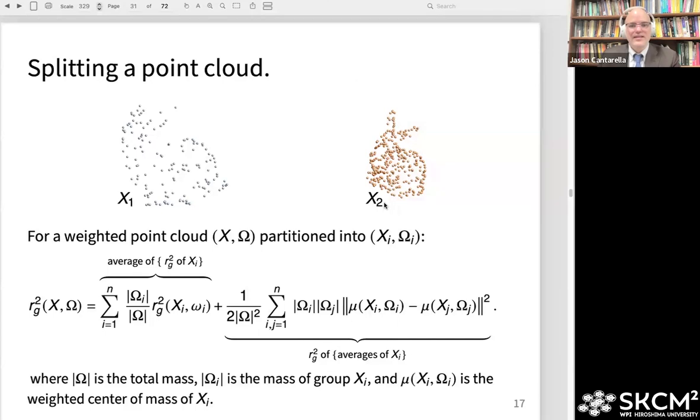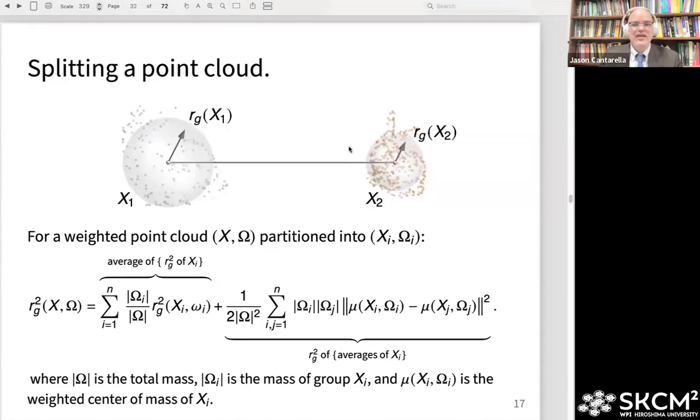So here's the idea. In this subdivided picture, each edge of the original graph has been divided up into a number of smaller edges, each of which ends in a monomer. These things together partition the point cloud X, giving me the locations of all the monomers in the subdivided graph. Well, whenever a point cloud is partitioned into pieces, there's a neat formula for the radius of gyration of the entire cloud.